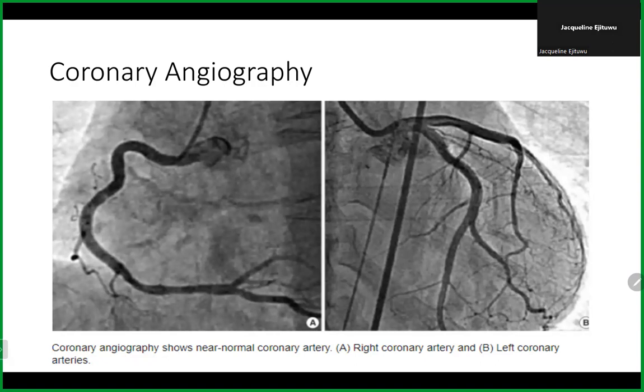But basically, this is just an angiographic view outlining the right coronary artery here, and its branches, and this showing us the left coronary artery. This is the left main stem as it branches to form the left circumflex and then the left anterior descending branch.